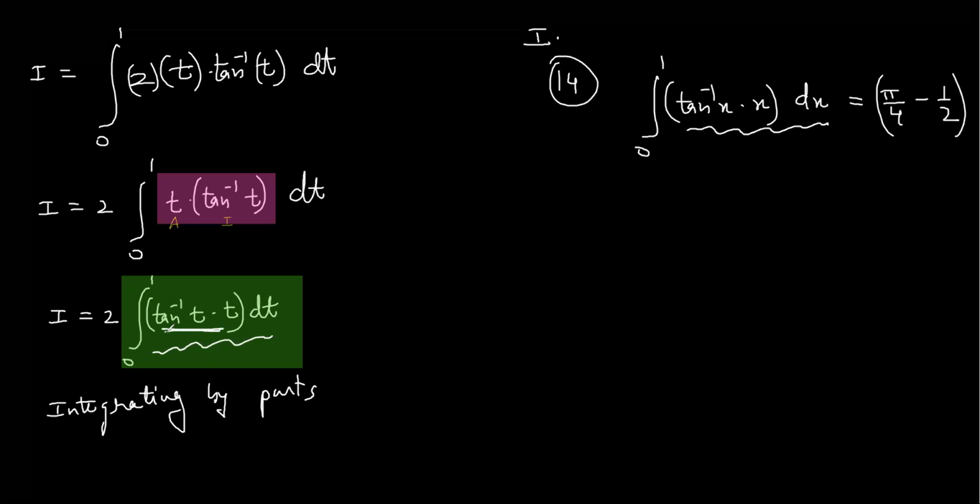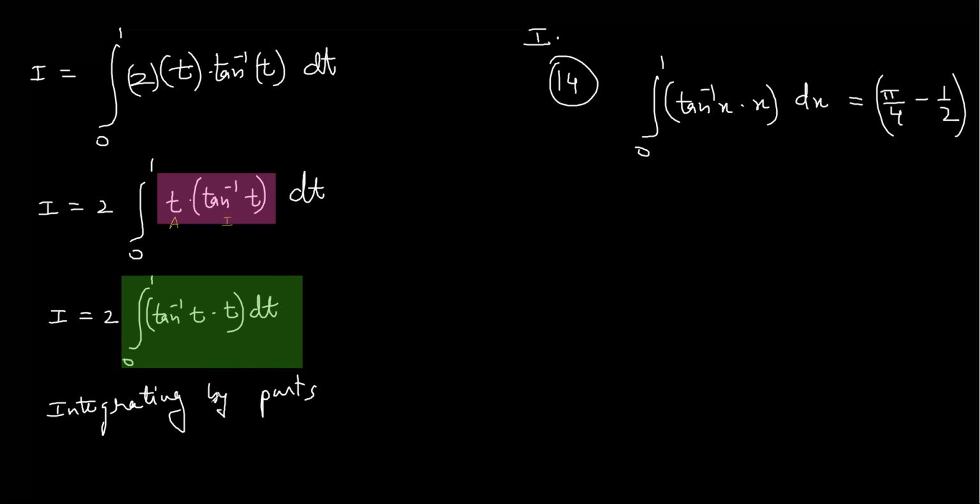The interval is 0 to 1, here also 0 to 1. The only change is the variable. Remember students, if the interval is the same and the function is the same, the value of the integral will remain the same. If I evaluate this, I will get once again the answer pi by 4 minus 1 by 2. So this will be homework for you.